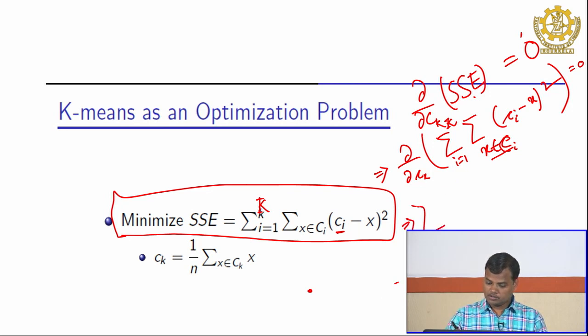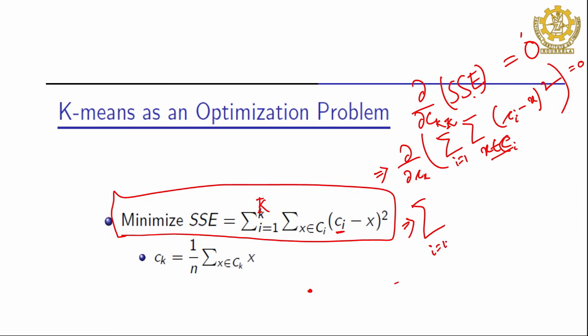So, summation over i equal to 1 to capital K, the K number of clusters we are considering, then summation over x in cluster C_i, differentiated with respect to c_k, of (c_k minus x) squared.